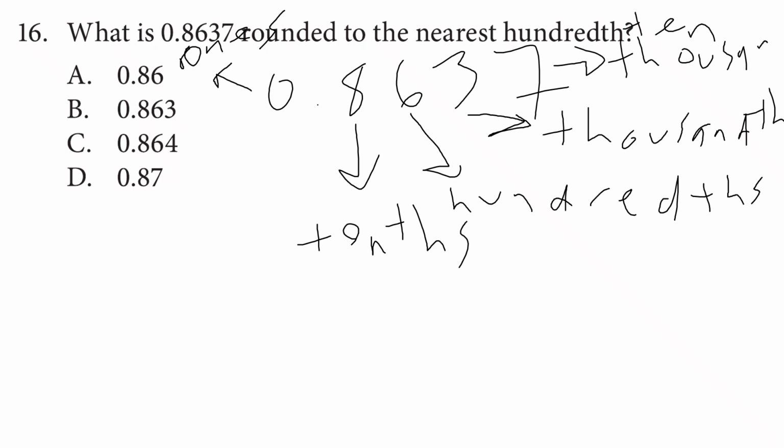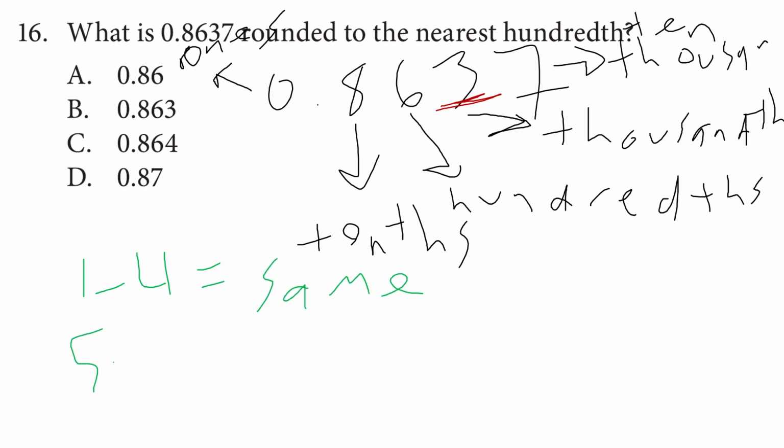So the number we need to focus on is the number to the right of the hundredths place. So the number to the right of the hundredths place is a 3. And when you're doing rounding, if the number is between 1 and 4, the number stays the same.